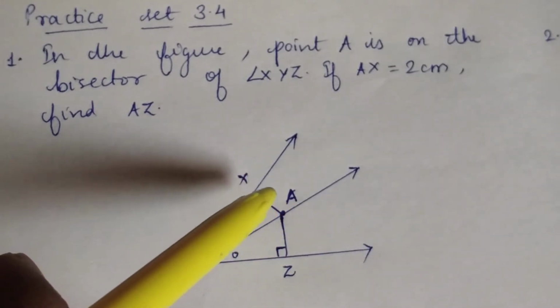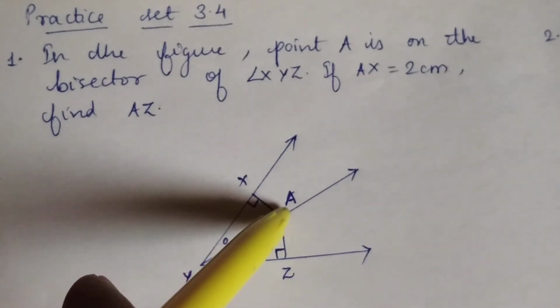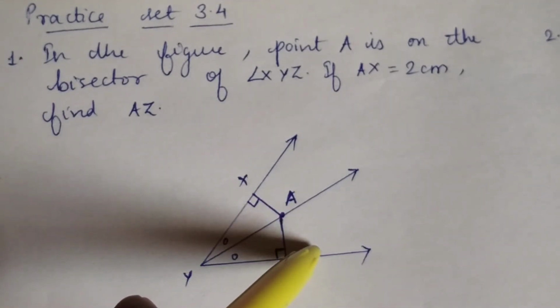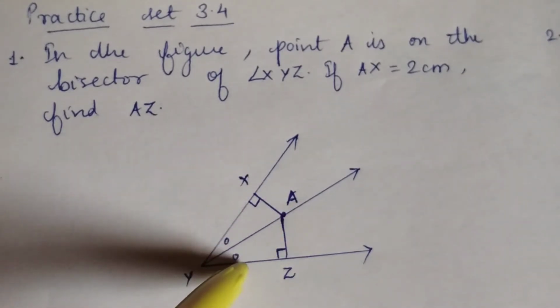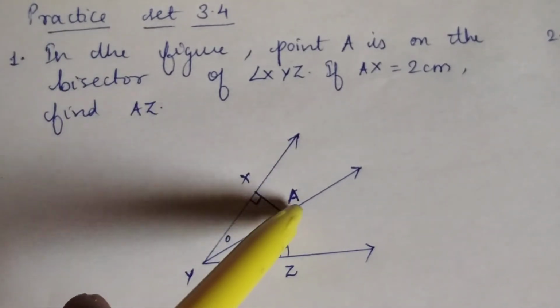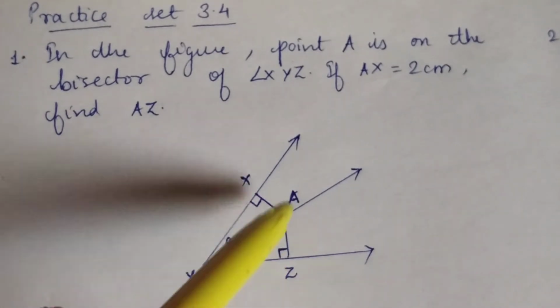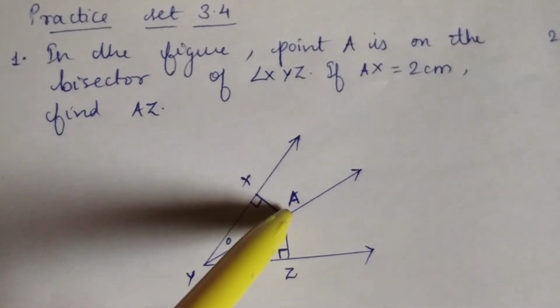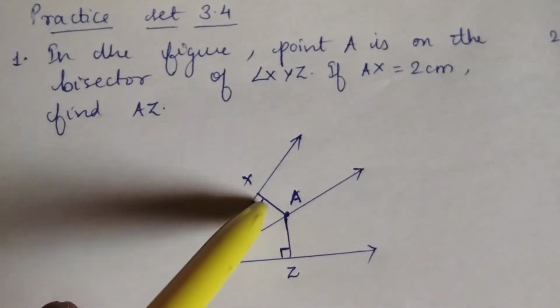Suppose if I want to measure the distance between point A and this side, I cannot draw a line like this and say, oh, the distance is suppose 3 centimeter, or I cannot draw it like this and say that the distance is 1 centimeter. No, whenever you are supposed to find out the distance between a point and a line, a ray or a line, then you have to draw a perpendicular line segment to this line. Yes, and that is why it is shown like this.